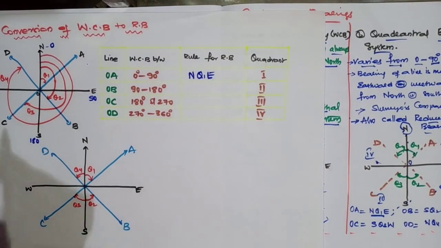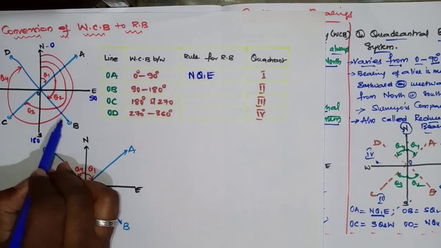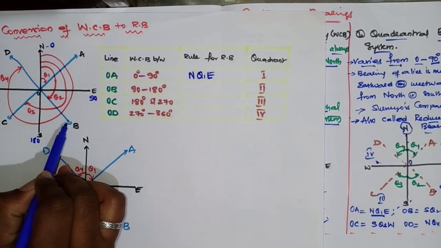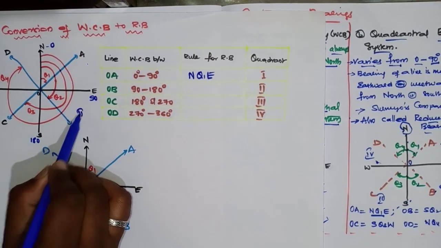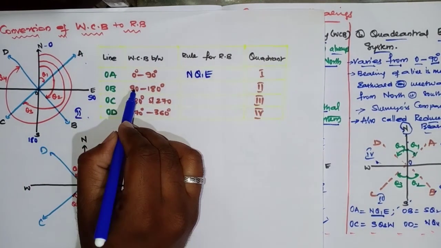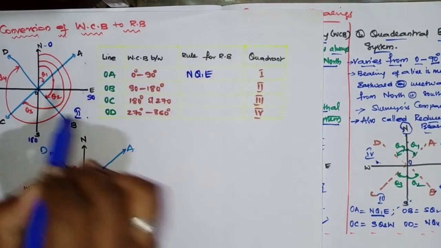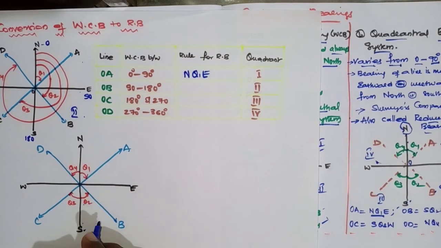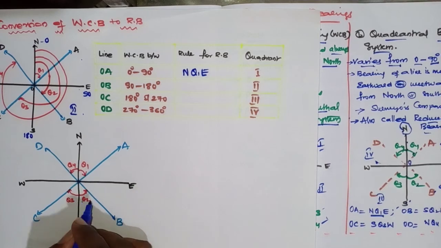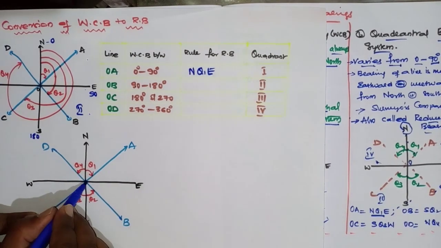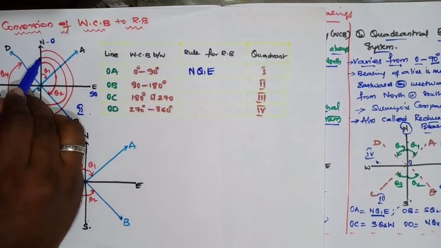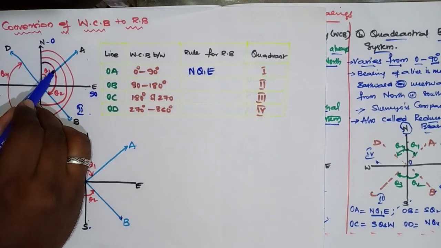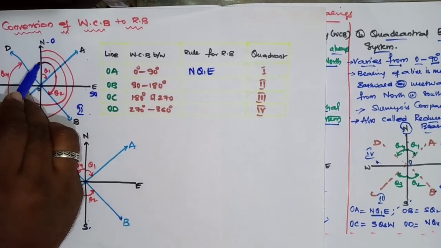Next, coming to this OB, it lies in the second quadrant. Second quadrant means 90 to 180. But here the designation will be southeast, south theta 2 east. But how to calculate this? If OB is here, this is the whole circle bearing.